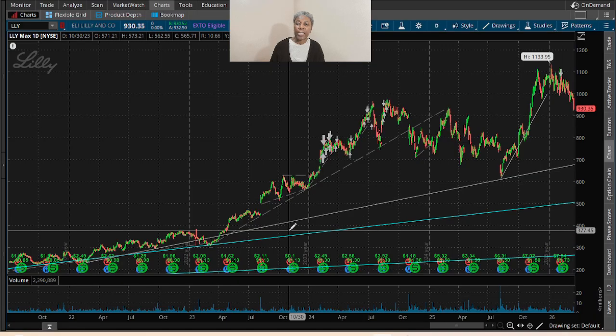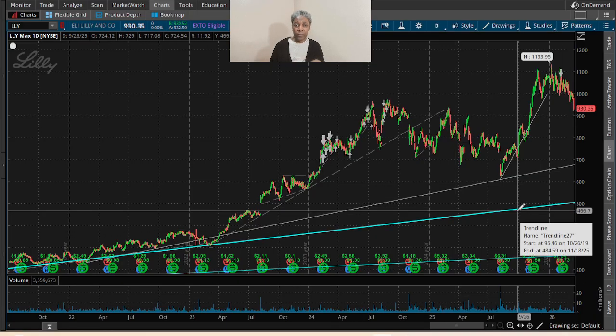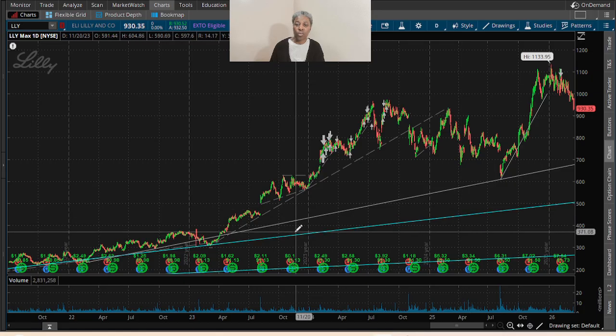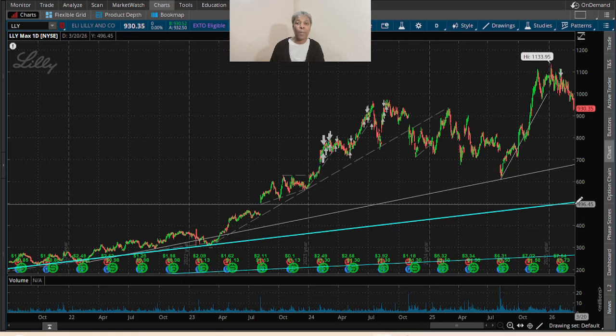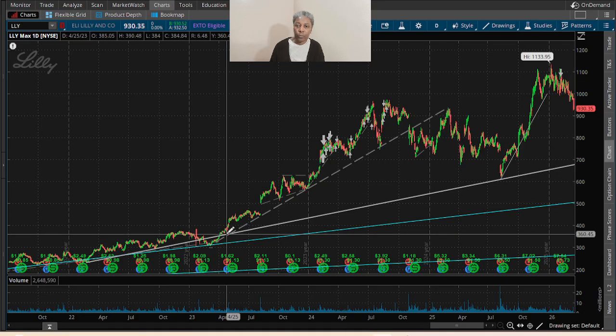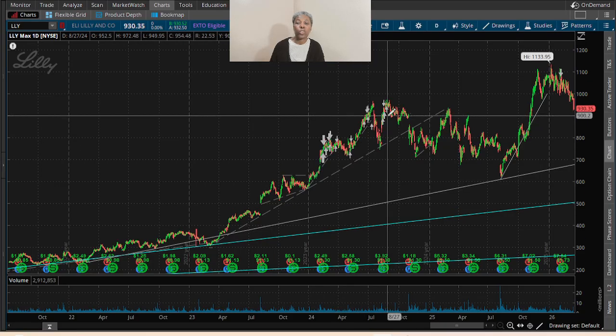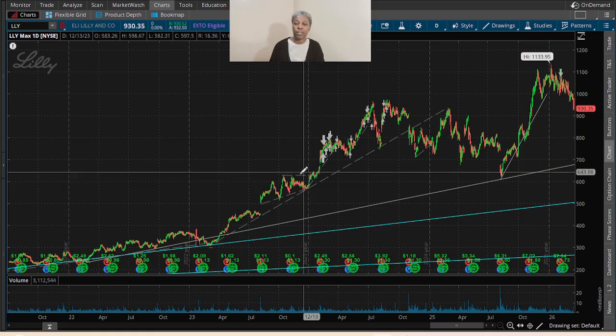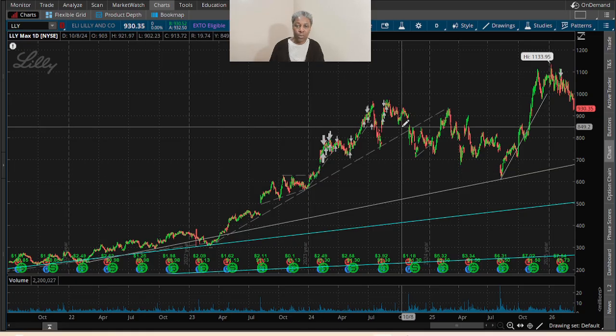So buying around the long uptrend line allows me to buy at a lower price than trading along the short trend line following the chart where it's going.